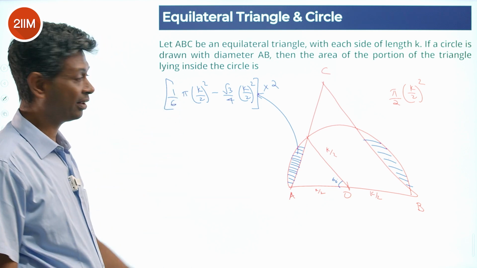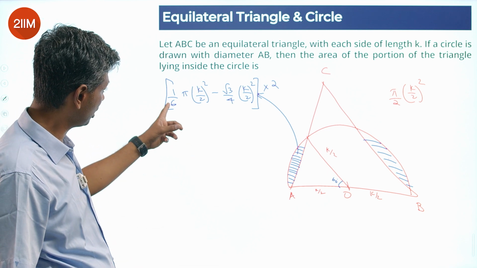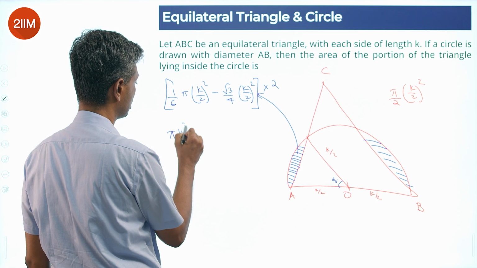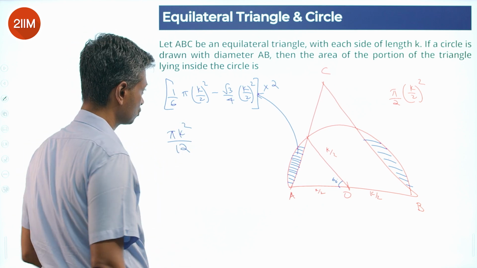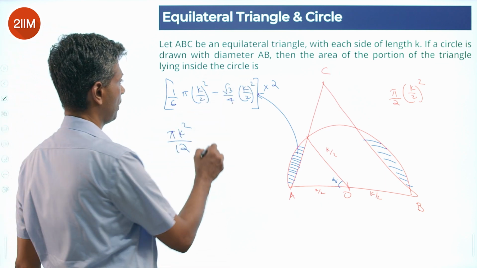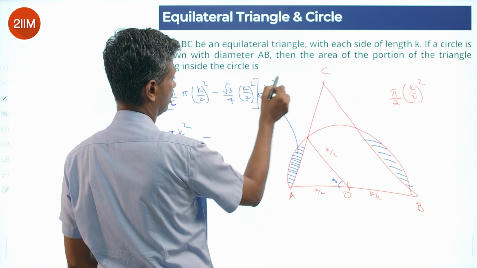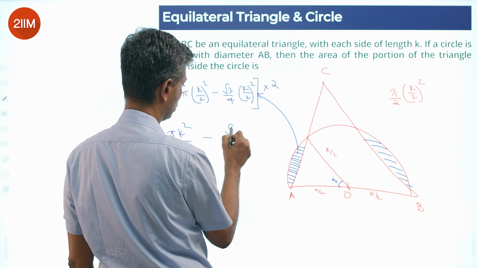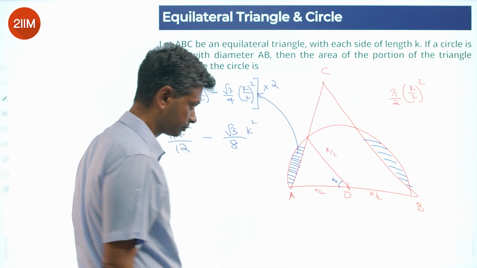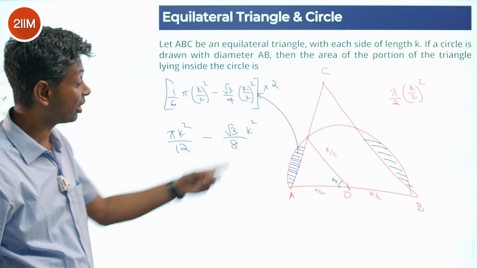K by 2 whole square is K square by 4. This is pi K square by 24 into 2, which is pi K square by 12, minus, 6 into 4 is 24, the numerator has a 2, this will cancel, giving me √3 by 8 K square.